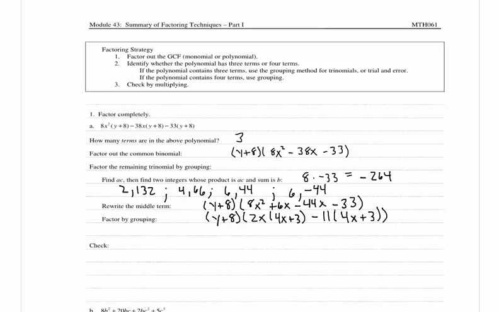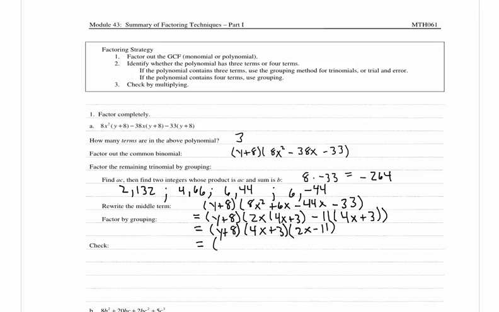And now we're going to factor the binomial 4x plus 3 out. And now we're going to have y plus 8 times, now we want to factor the binomial 4x plus 3 out. So we have 4x plus 3 and then times 2x minus 11. And now they want us to check.